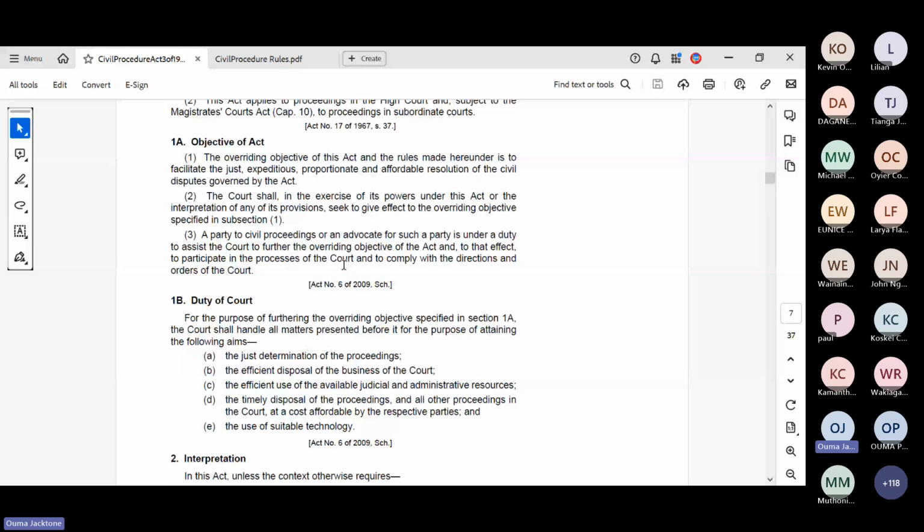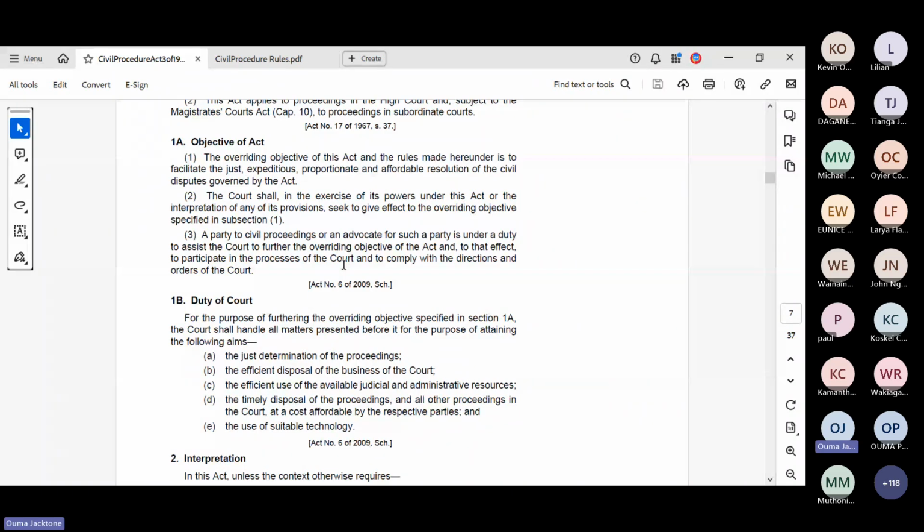The overriding objective of the Act is to ensure that every person that comes before the court gets justice. Number one, they get it quickly. They get it at a cost that they can afford. Okay, and then it is proportional. Are you together? Now, to ensure that happens, the court must always uphold justice.